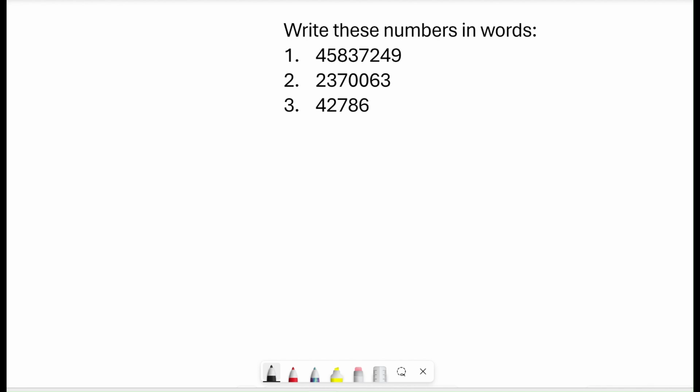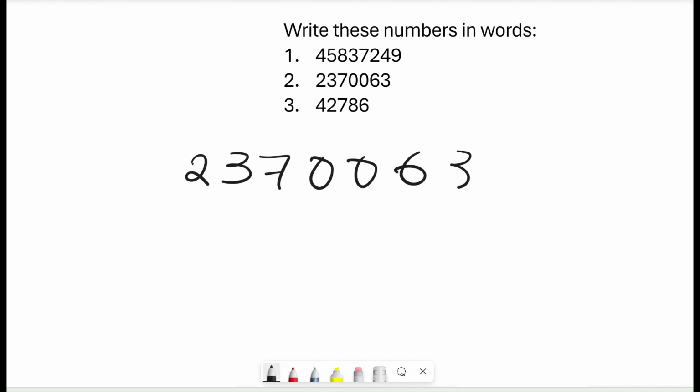Now let's look at the second example. I will just write 2 3 7 0 0 6 3. So take three numbers and make a group. Three numbers and make a group. So this is my ones, this is my thousands, and this is my millions.